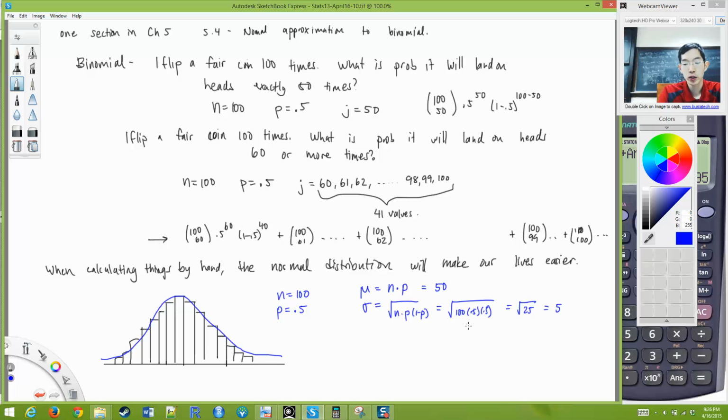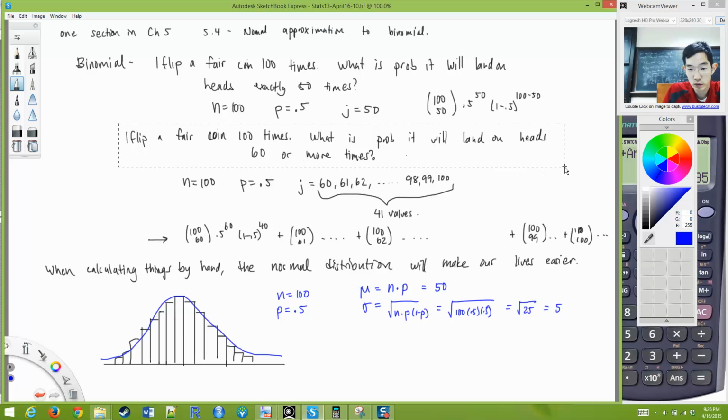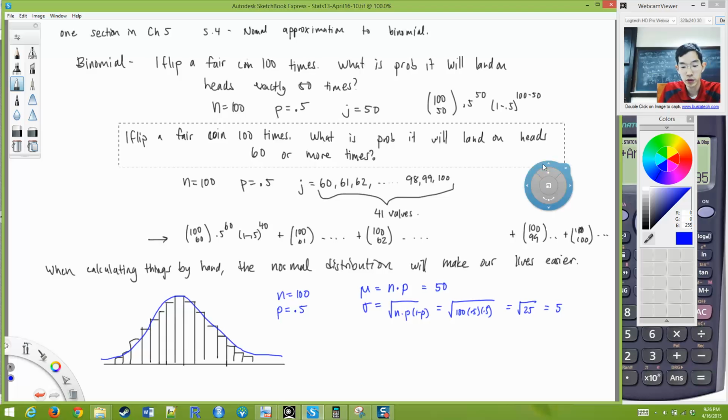So what we're going to do is answer this question: I flip a coin 100 times, using the normal approximation.